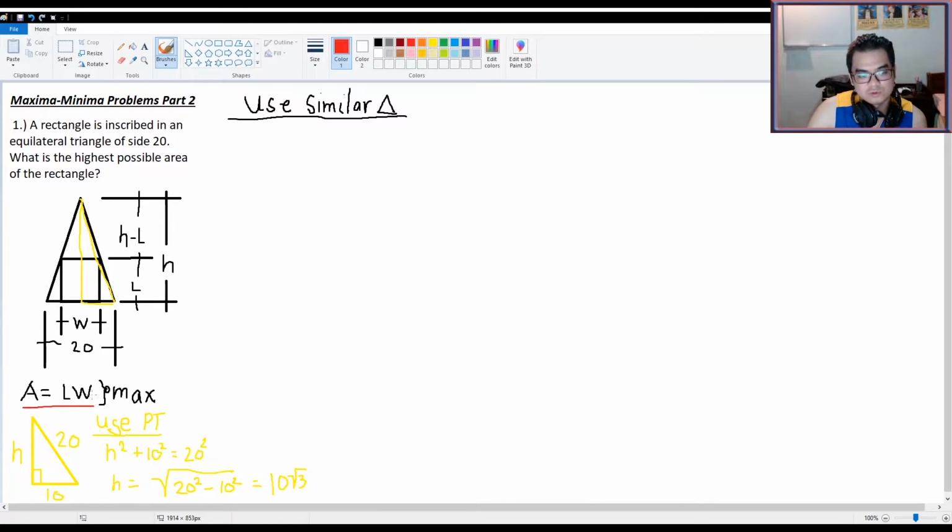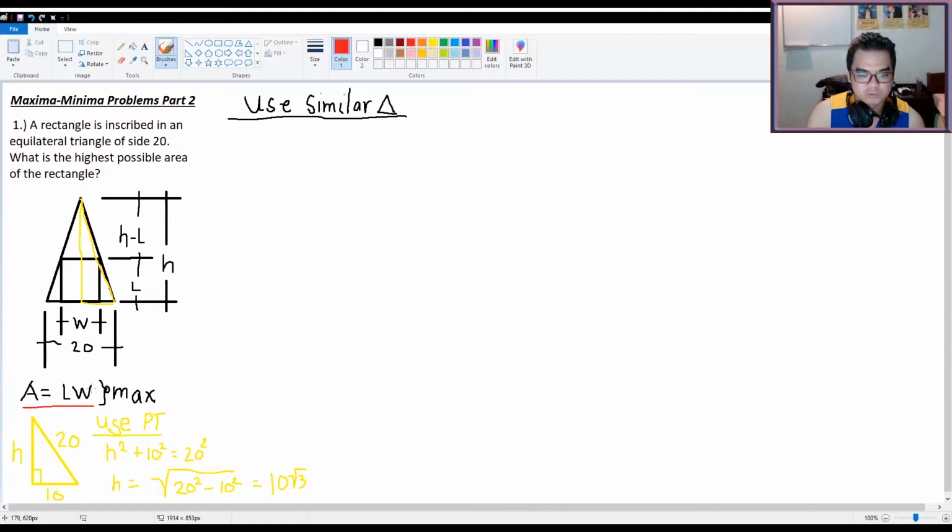As of now, it is in two variables, the length and the width.